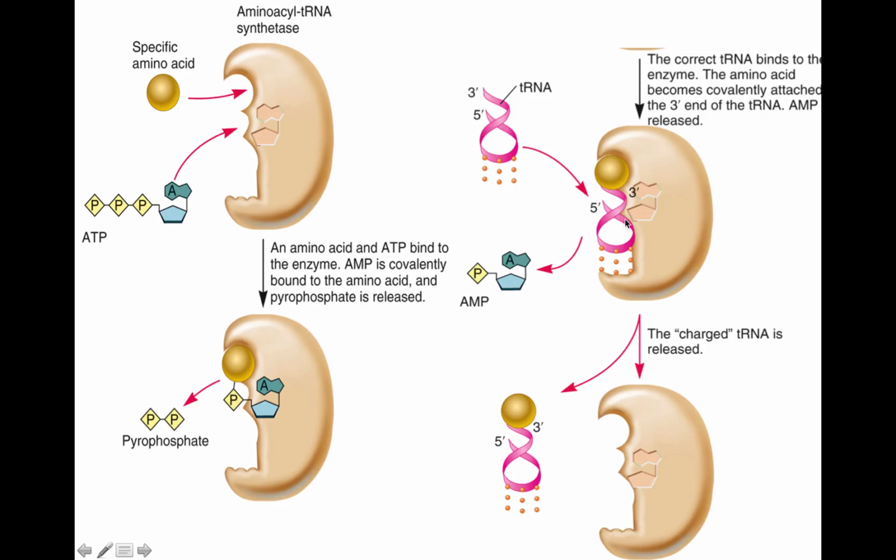Only alanine here, but different tRNAs for the alanine here. And they'll all get charged correctly with the correct amino acid. Okay, so now we refer to this tRNA that has an amino acid covalently attached at the 3' end as a charged tRNA.